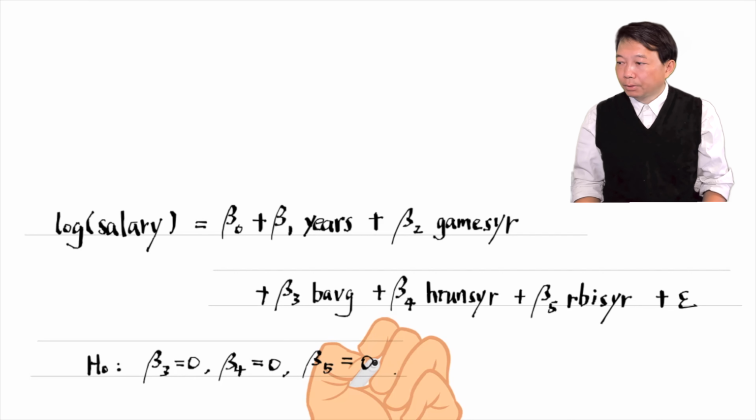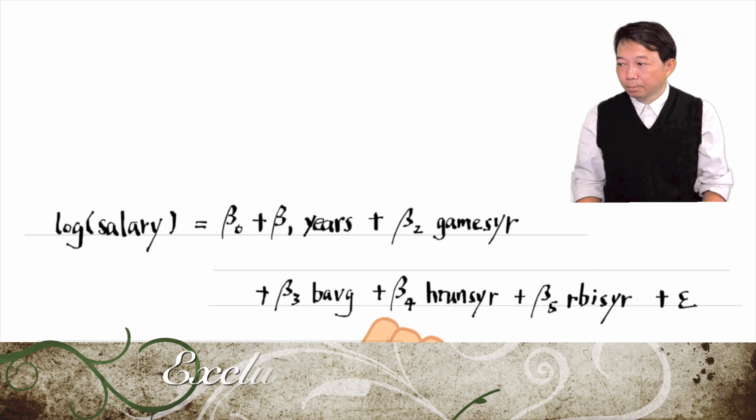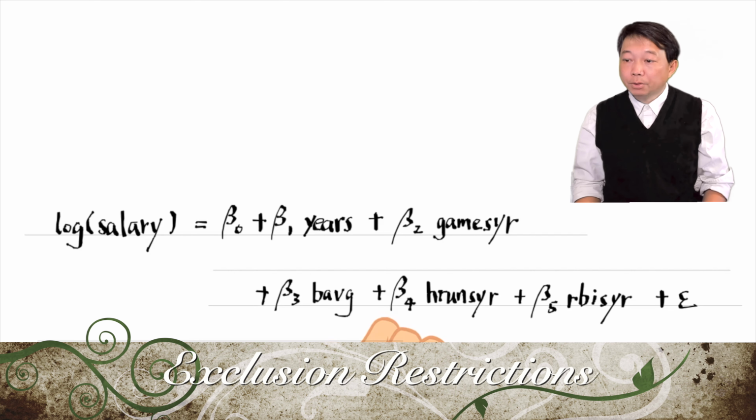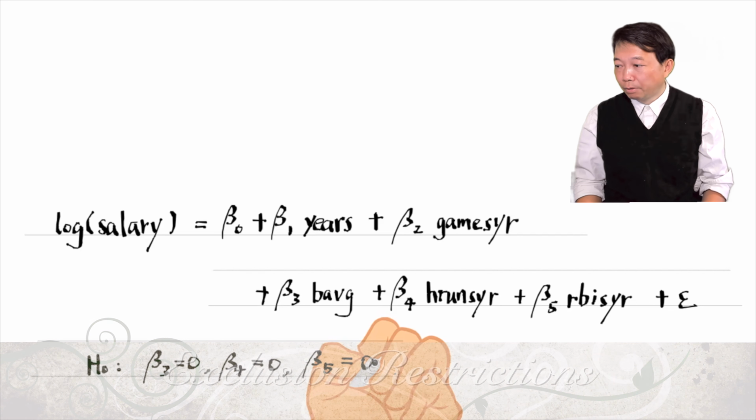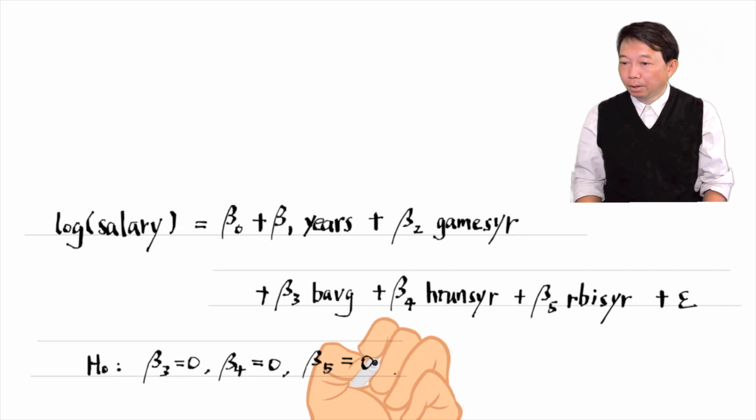The null hypothesis contains three exclusion restrictions. They are called exclusion restrictions because if the null hypothesis is true, then the three performance variables should be excluded from the model. It involves more than one restriction on the parameters. There were three exclusion restrictions now.